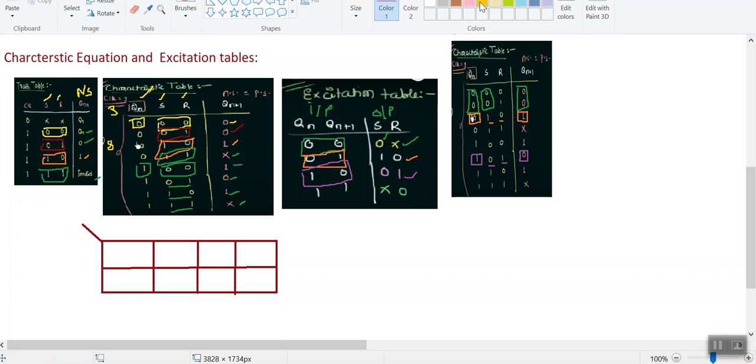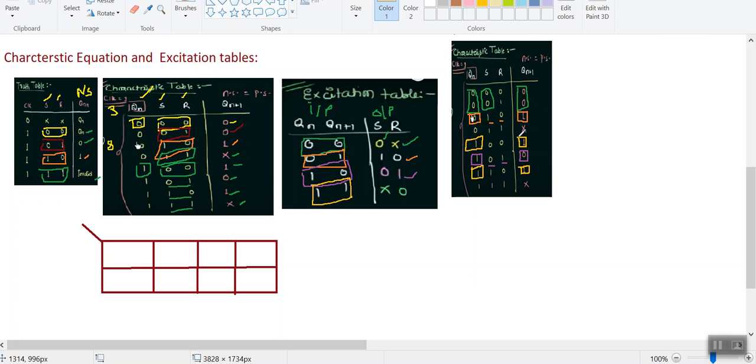In the last case, we can observe that Qn and Qn plus 1 both are 1. Here you can observe this is my Qn and this is my Qn plus 1. I represented them with the same color. Again we have one more representation here, 1 and 1.